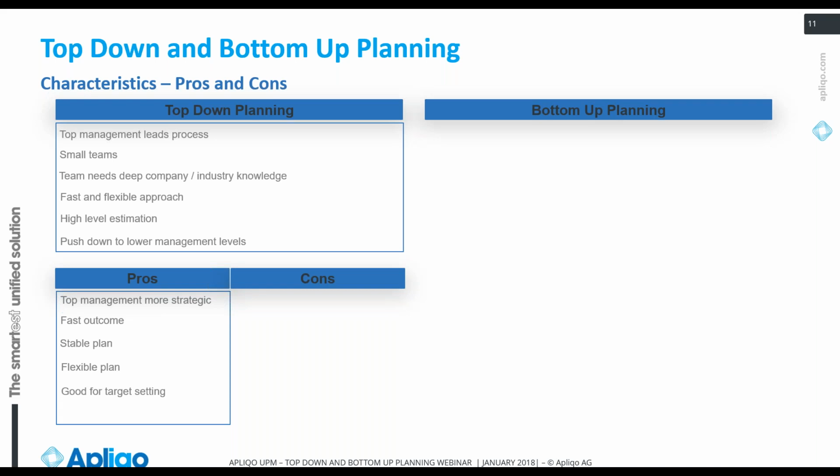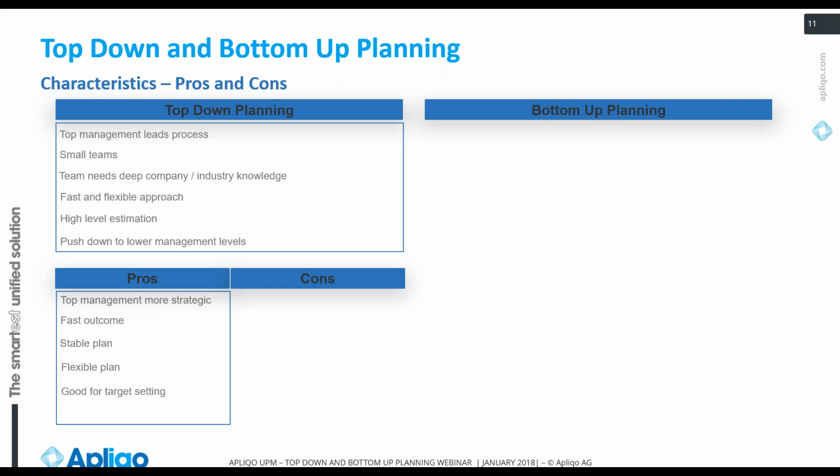Since the level of detail is not so high, there is always the ability to adapt the plans if a new situation happens, and to generate different kinds of scenarios of the plans.